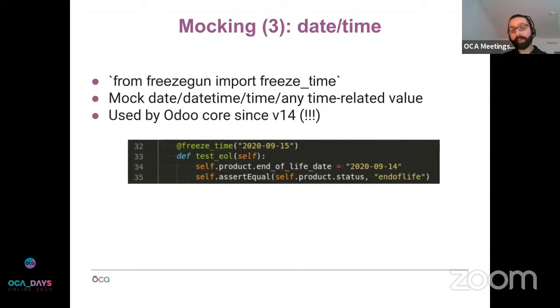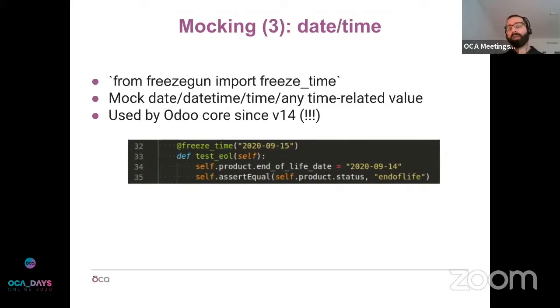And this is very important because when you run your test, you don't know if someone is using a specific method somewhere else. Maybe they're not using fields.Date or fields.Datetime or even the datetime library directly. Especially if you're dealing with external libraries, not external Python packages, you don't know how they deal with time.